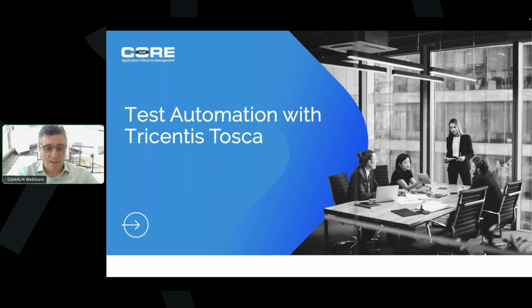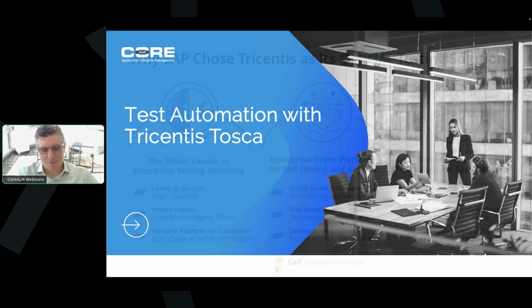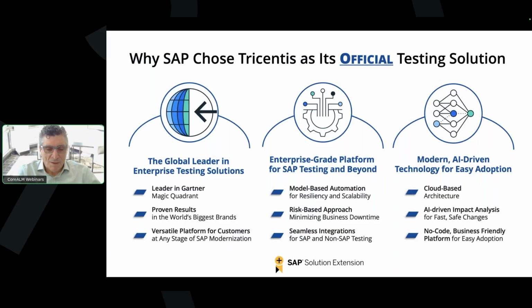Okay, so today we're going to talk more in depth on test automation with Tricentis Tosca, so I'm going to jump in. Why are we focusing on Tricentis? I'll start with that. And we do work with other test engines as well, so we are not biased in any particular way. The main reason why we see Tricentis very often is because it's really the solution that's recommended by SAP.